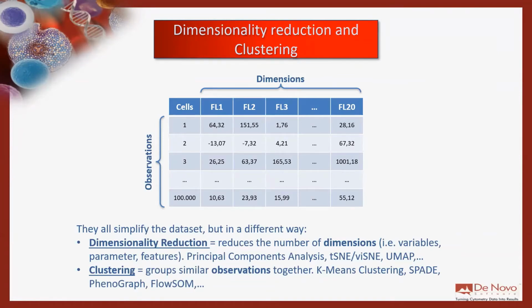So you have 2 options: dimensionality reduction, which means reducing the number of columns, or clustering, which is reducing the number of rows. Very popular algorithms like tSNE, UMAP, opt-SNE and principal component analysis belong to the first family, dimensionality reduction. Other very popular algorithms like k-means clustering, SPADE, PhenoGraph, FlowSOM belong to the clustering family. Today we will see an example of dimensionality reduction, and if we have time, also clustering with FlowSOM.